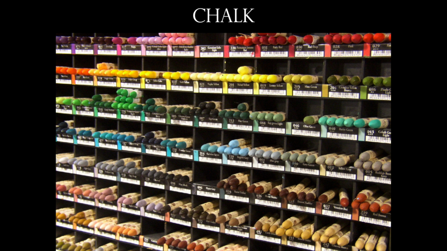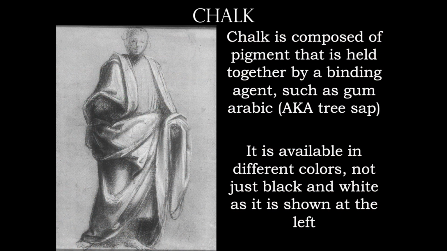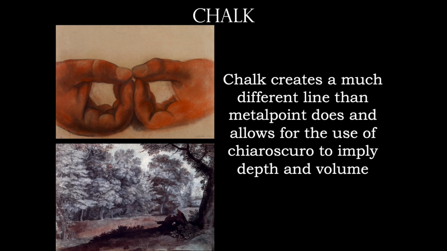Chalk is our next drawing material, and chalk comes in a variety of colors. It's not just white or black, but all the different colors. And it is composed of pigment that is held together by a binding agent, usually gum arabic, which is tree sap. And when we look at the different types of things we can do with chalk, it really is amazing.